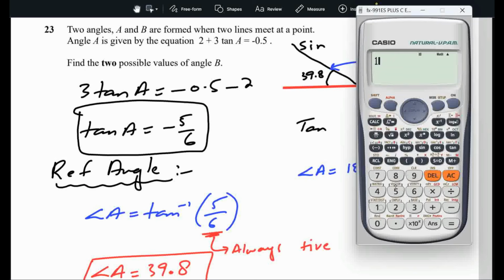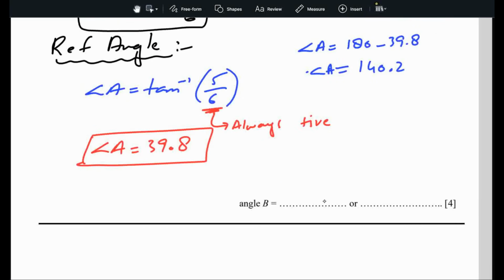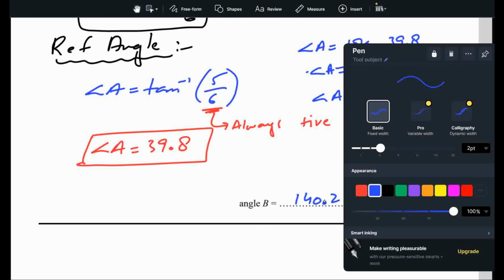So 180 minus 39.8 will be equal to 140.2. So the first angle A will be 140.2.